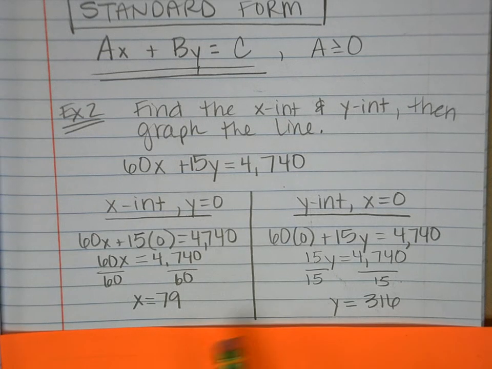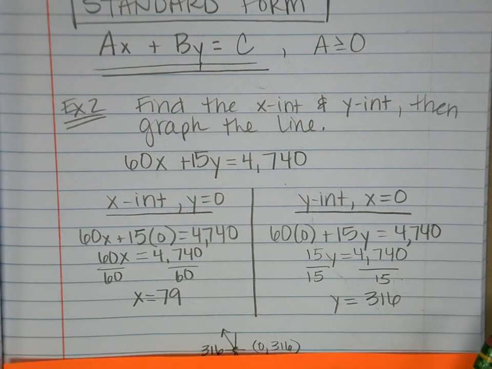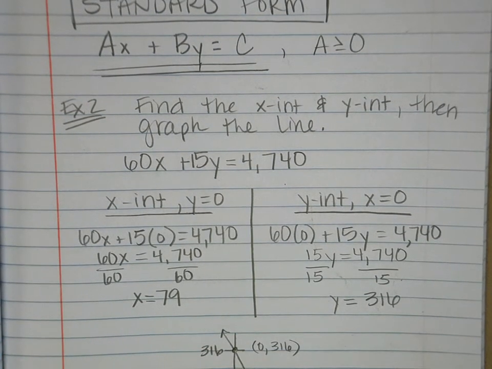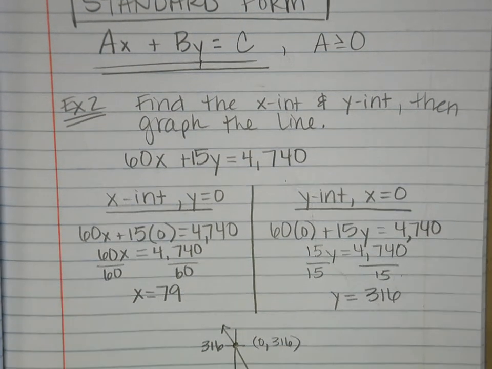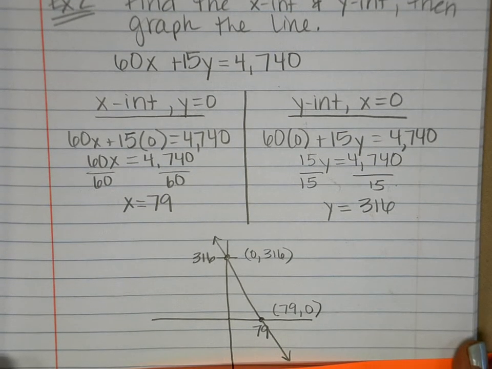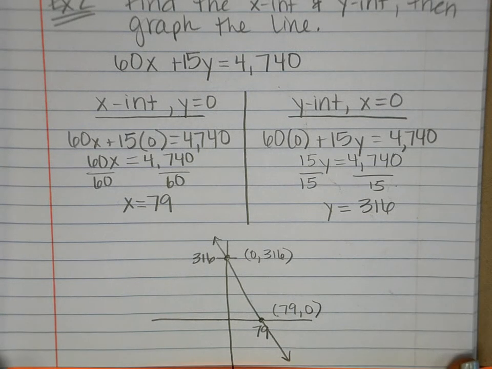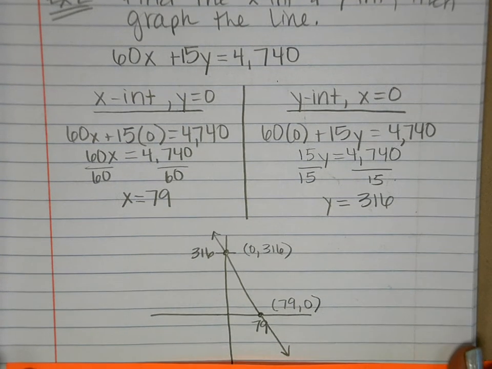So we can just graph these, right? Graph these 2 points. And this is what it looks like. You guys can sketch a little graph in your notebook too. Something like that. Not exact because I don't have a perfect graph here, but close enough, right?